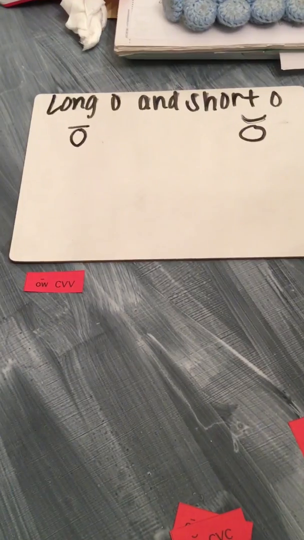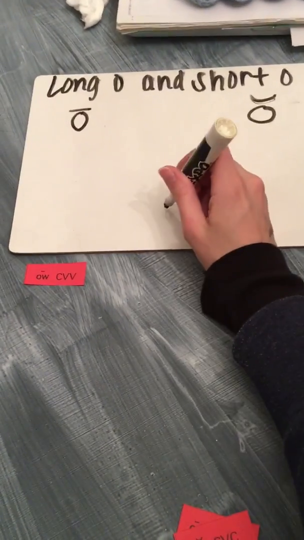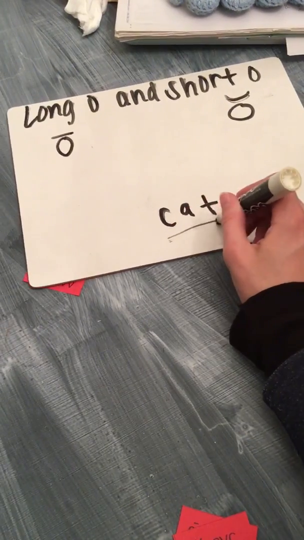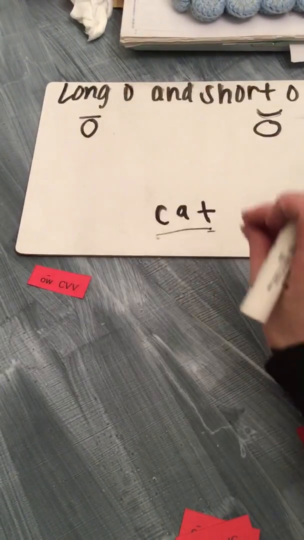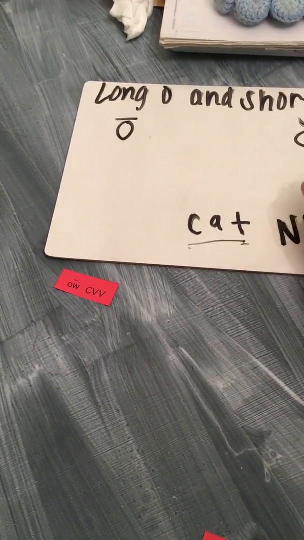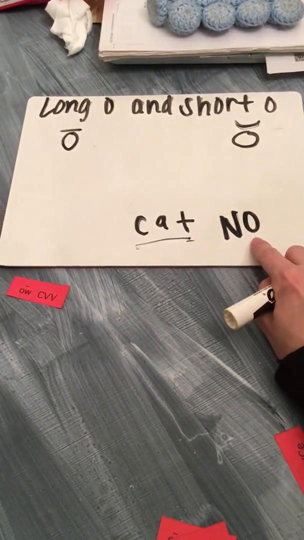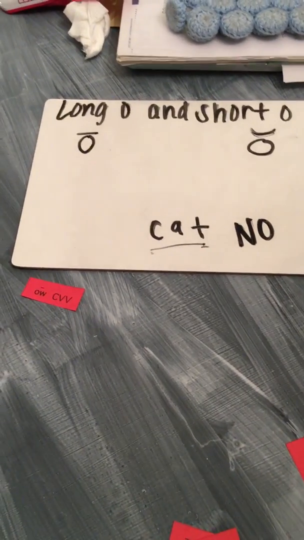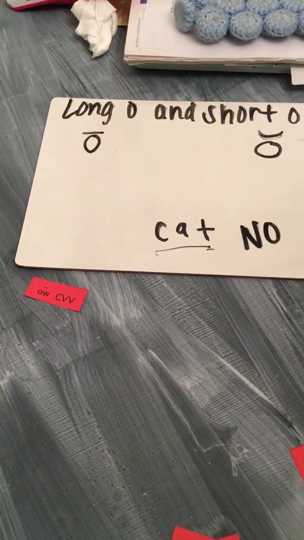So if a syllable of a word ends in a consonant sound, for example, cat, the T closes the word. It kind of brings it all together. Whereas words like no end in a vowel and end with that vowel sound. And it's called an open syllable.